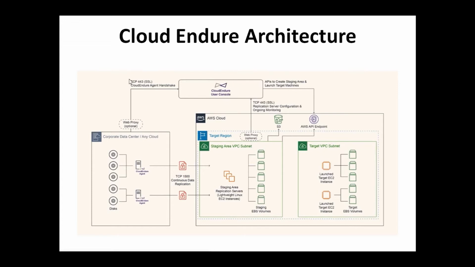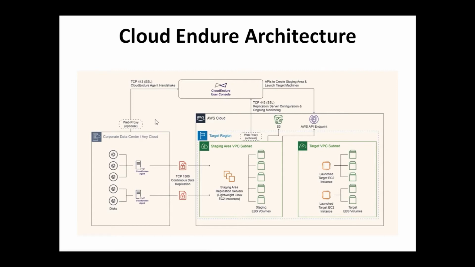This is done through port 443, which is nothing but the HTTPS port, and this connectivity must be in place as long as the data is replicating. This HTTPS connectivity can be redirected through a web proxy.